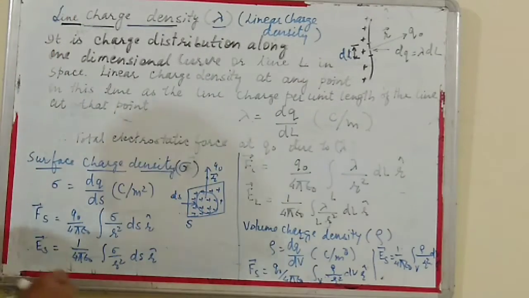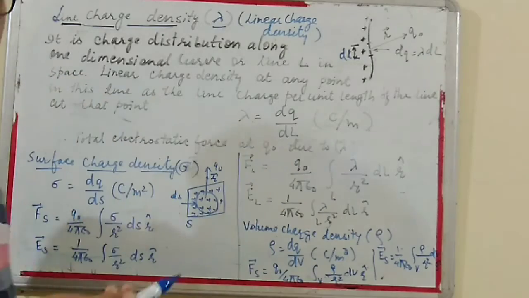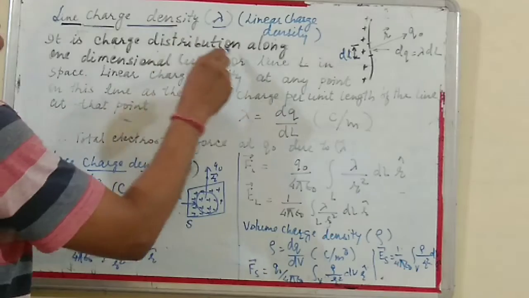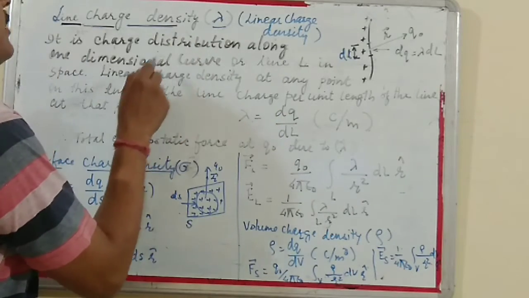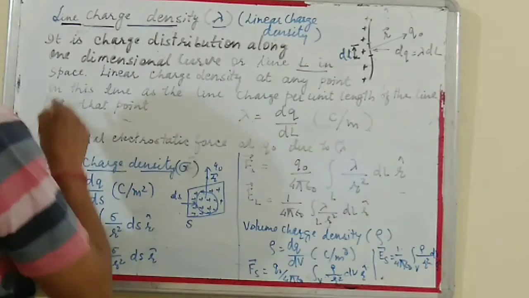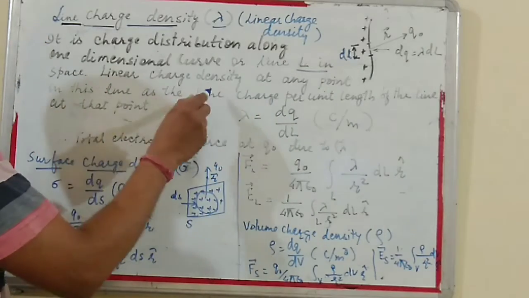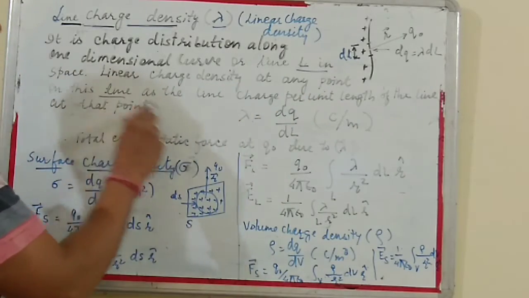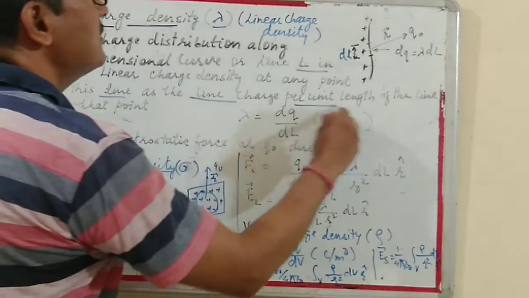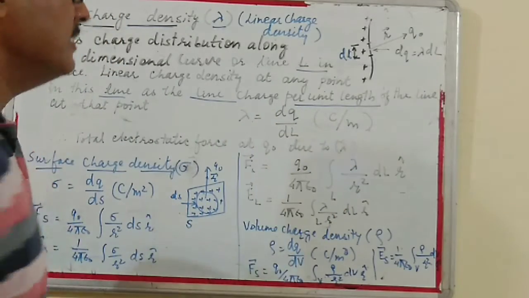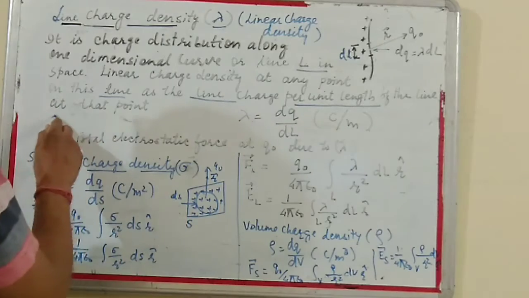So how can we define it? It is a charge distribution along a one-dimensional curve or line L in space. The linear charge density at any point on this line is the line charge per unit length of the line at that point.